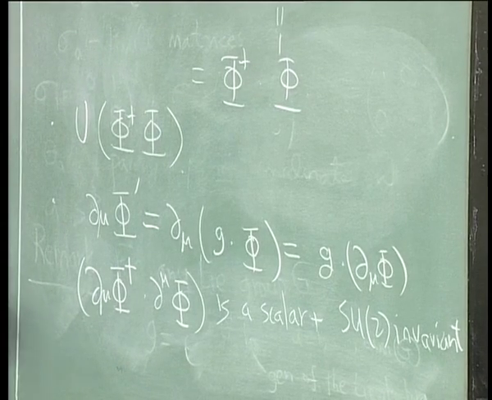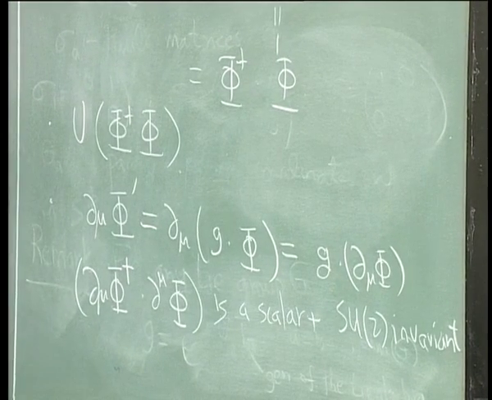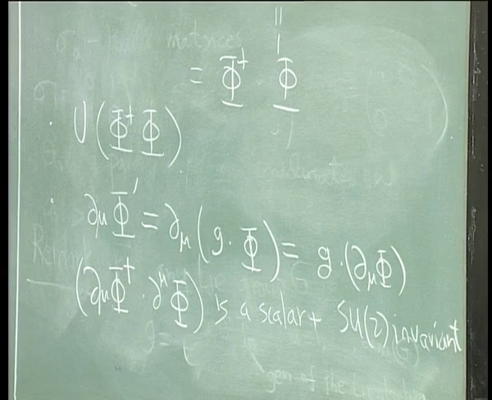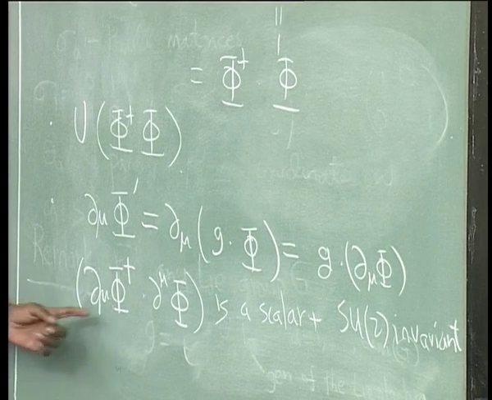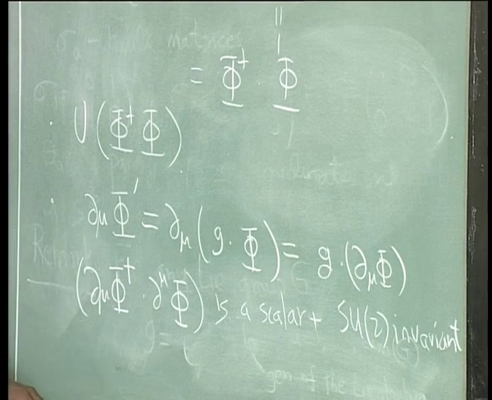So, now you can see that the whole Lagrangian which I just erased out here works with just one change, that I did write phi dagger instead of just phi star.